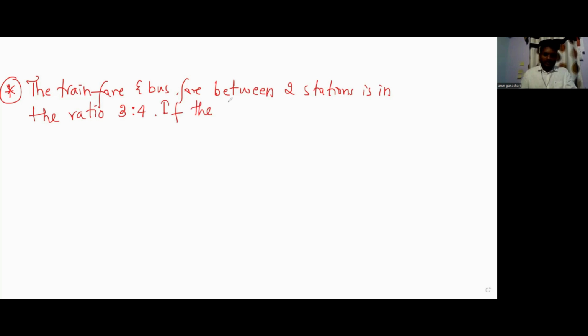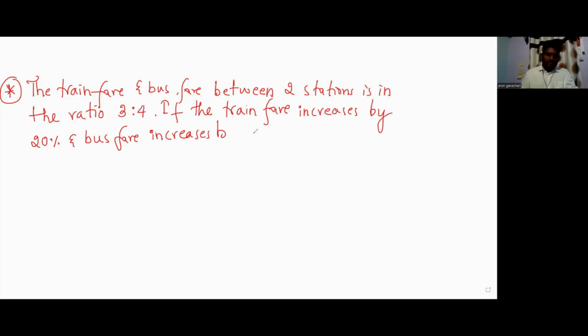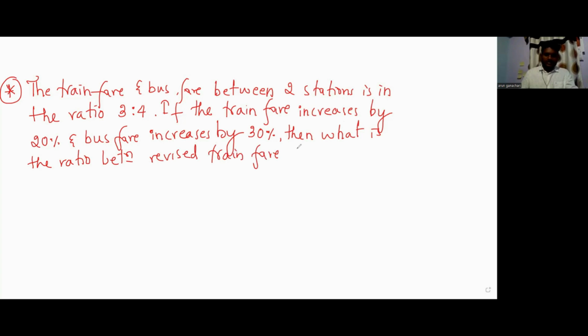If the train fare increases by 20% and bus fare increases by 30%, then what is the ratio between revised train fare and revised bus fare?